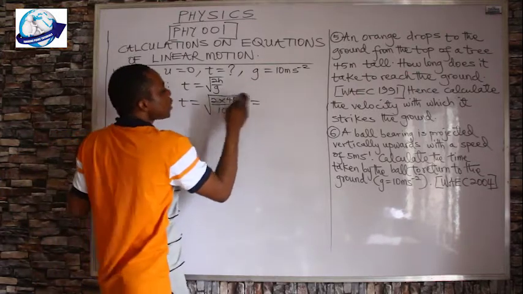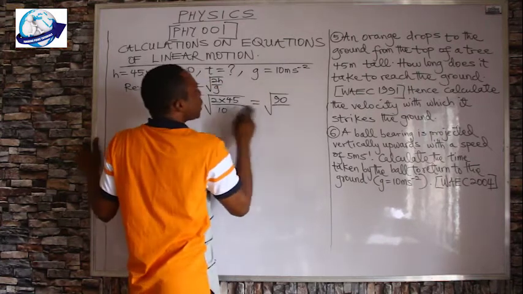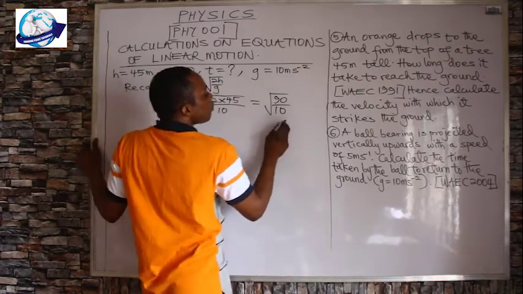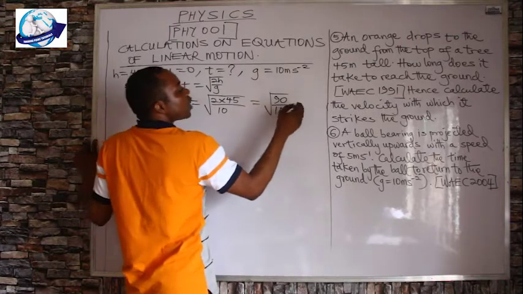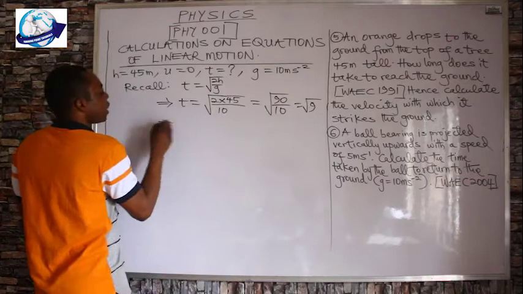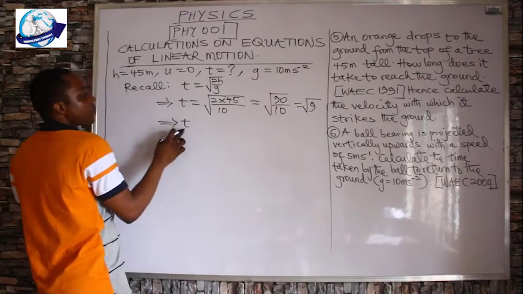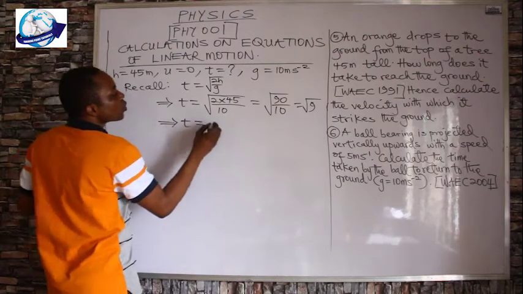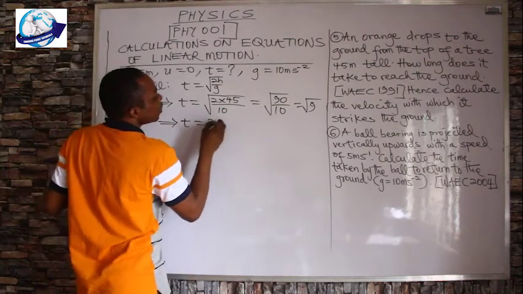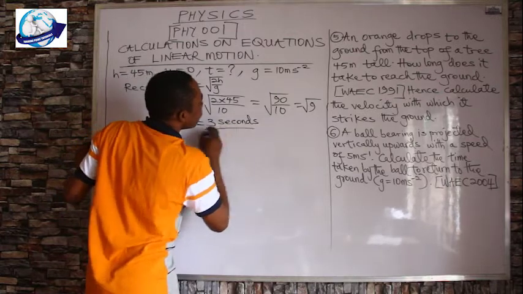That gives me what? 2 times 45, that's 90, all over 10. Now you break it down, 90 divided by 10 is 9. Now the square root of 9. It implies that the time is equal to what? What's the square root of 9? That's 3 seconds. 3 seconds, that's the answer to the question.